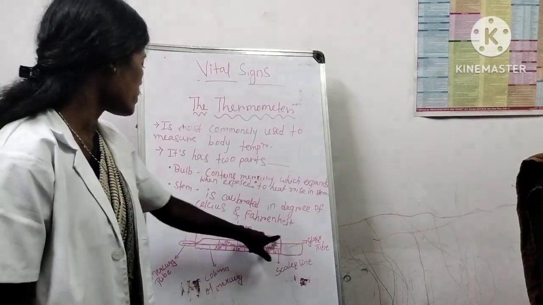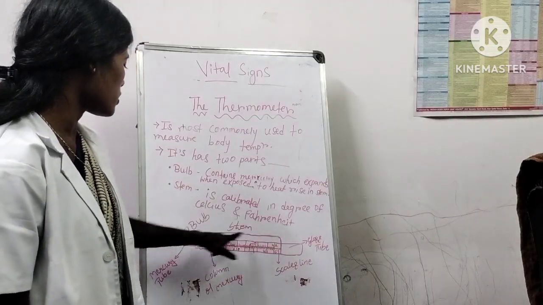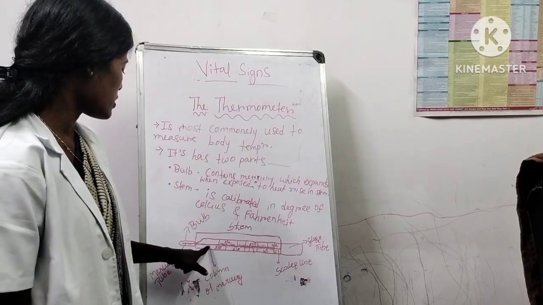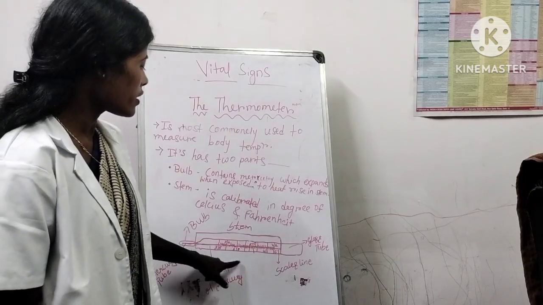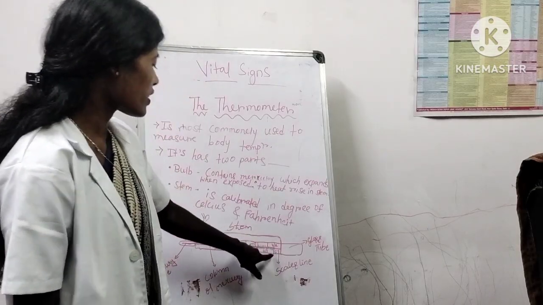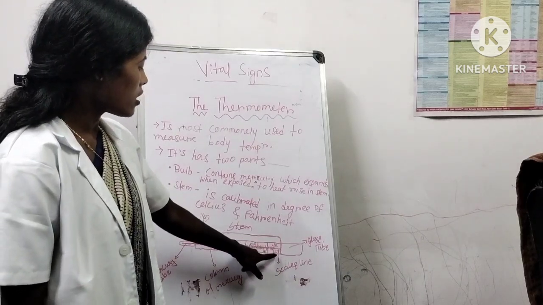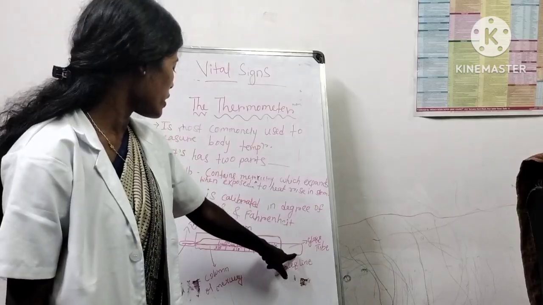This portion we are calling the stem. Next, the column of mercury, and last, the scale lines. The last part we are calling the glass tube.